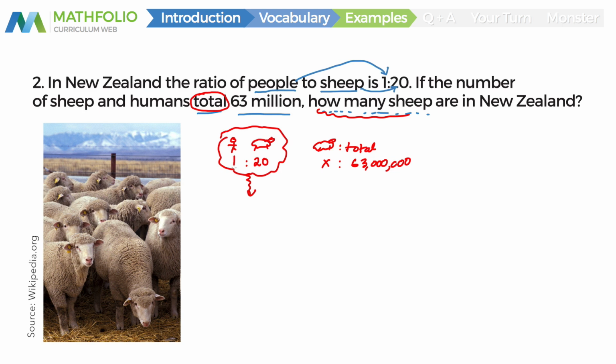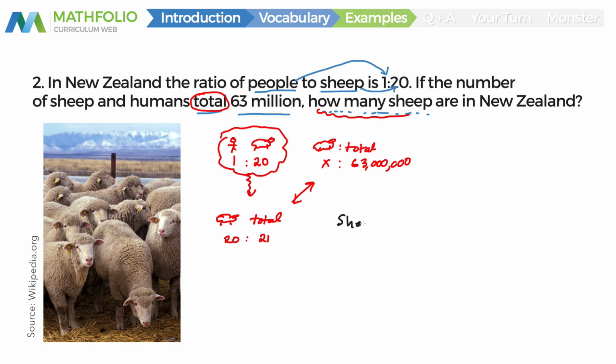Well, the total would be the 1 person and the 20 sheep. So the total would be 21, and the sheep would be 20. So that would be the ratio of sheep to total. So this is a part to whole ratio. So now what we can do is we can compare these 2 ratios and set up a proportion. So let's do that right now.